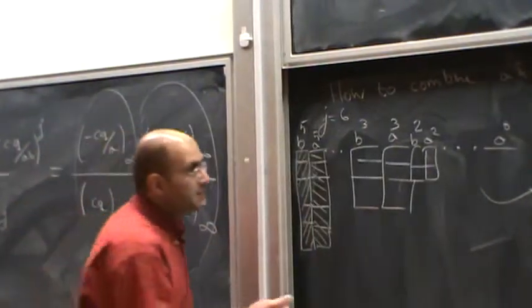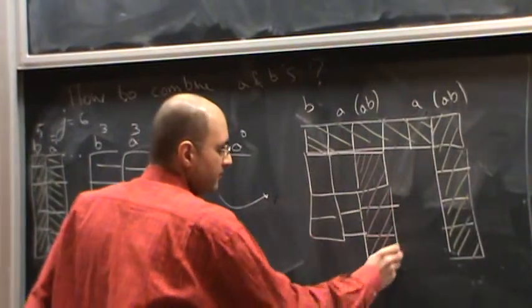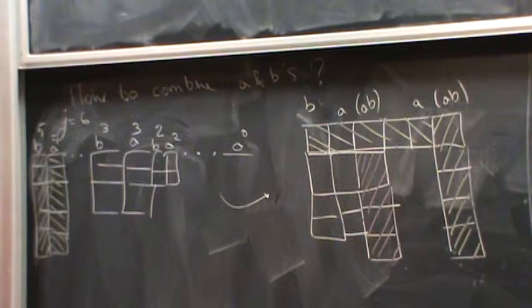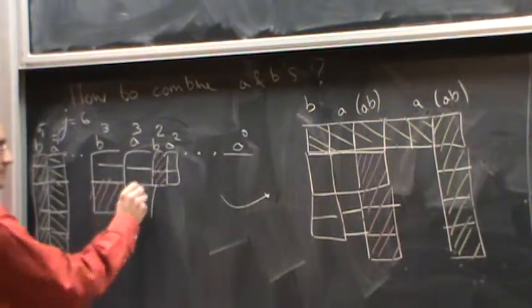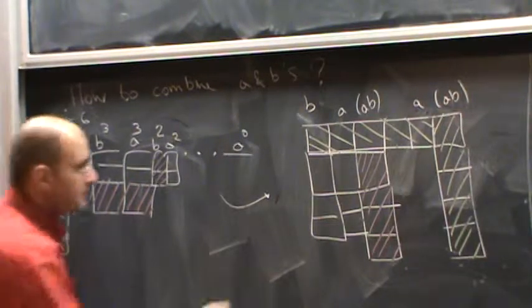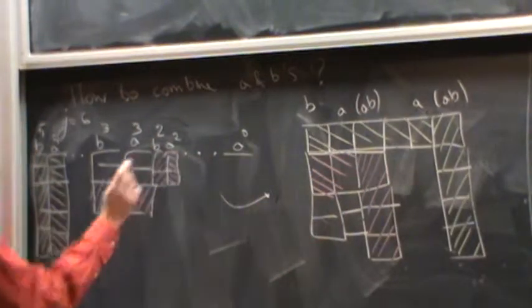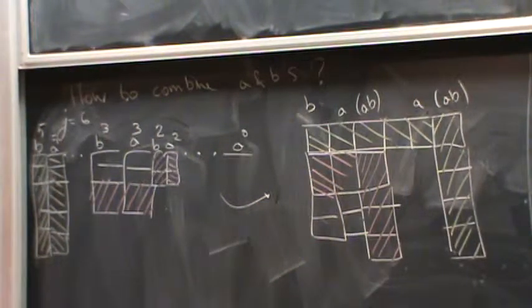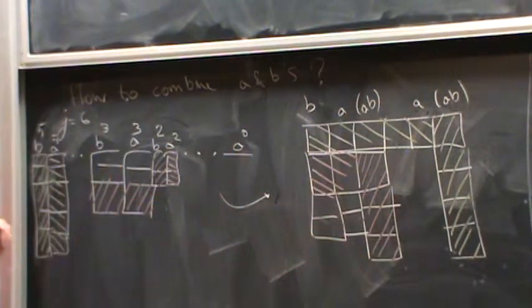We do the following. These 4 boxes come from these 2, and its companion is that one. And their labels are combined, A times B.